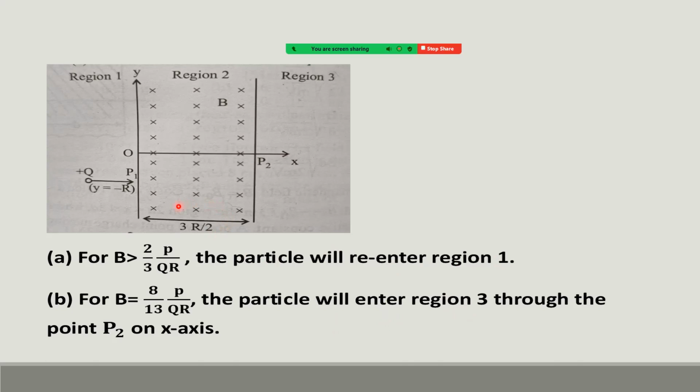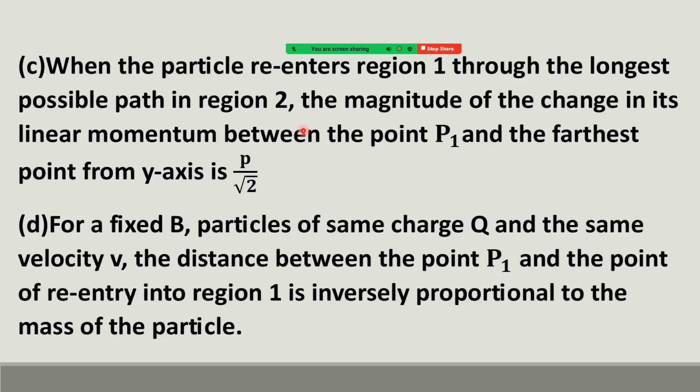If this value 3R by 2 is greater than or equal to R, then it will re-enter region 1. In that case, it follows a semicircular path. Next, if it is less than the radius, then it enters into region 3. And you can see option C and option D.